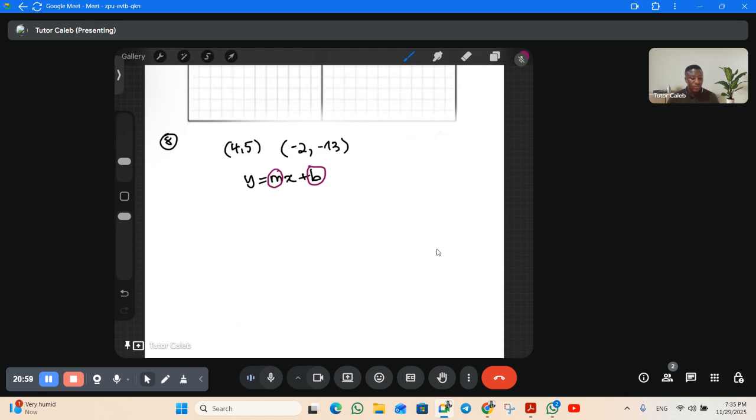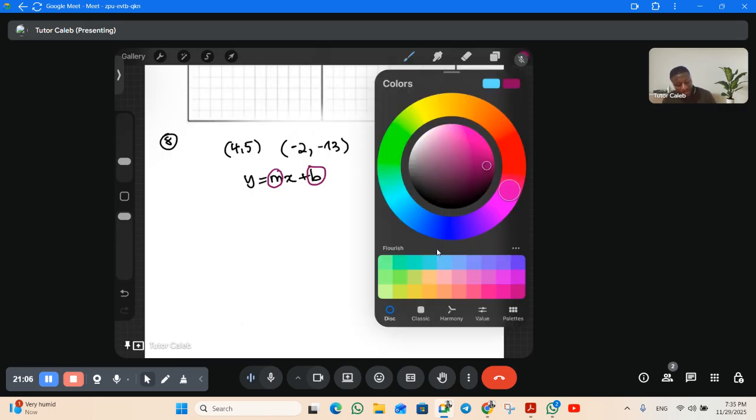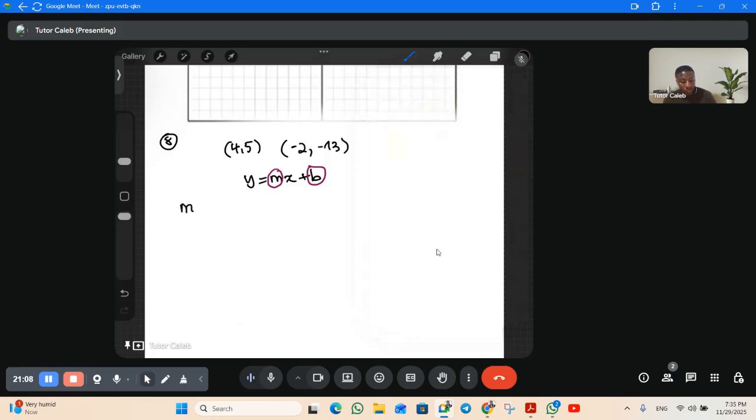Let's first find the slope. Remember in our previous lessons, I showed you how to find the slope. For the slope m between 2 points, it will be y2 minus y1 divided by x2 minus x1. This will be my x1, y1, x2, y2.